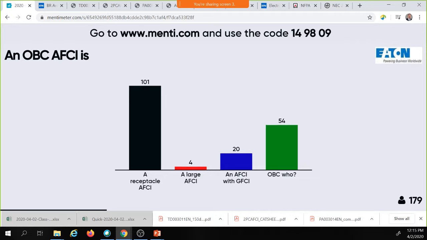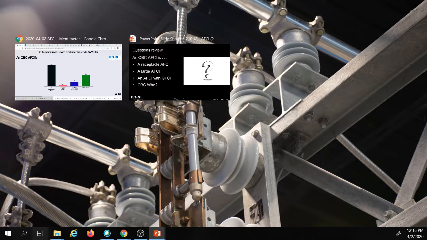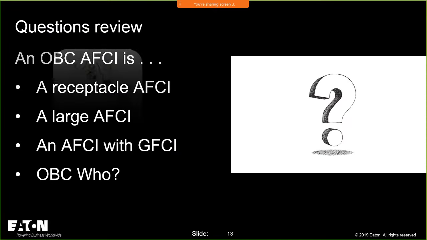So we've got a pretty good majority of everybody out there who understands that the OBC AFCI, and OBC stands for Outlet Branch Circuit type AFCI. That's what it stands for.